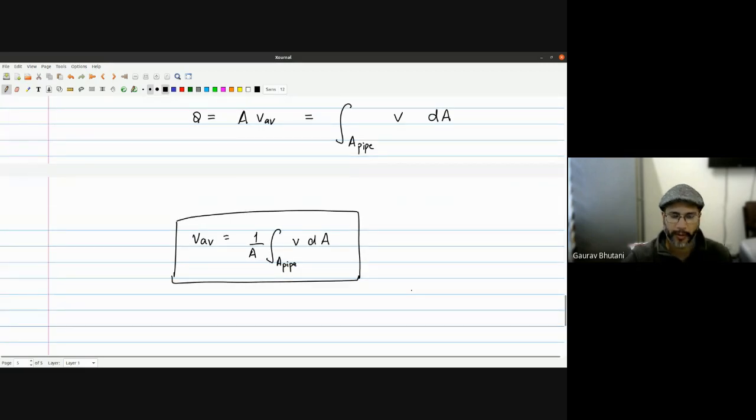And if it was a circular pipe, then your integral becomes much easier to work with, but that you can figure out yourself. So many times we have this confusion as to what the average velocity means. So this is what it means. Is that clear?